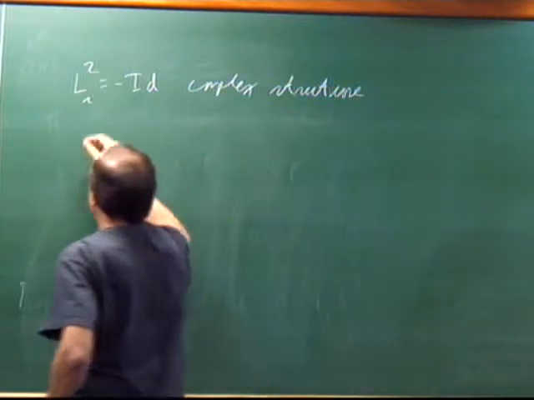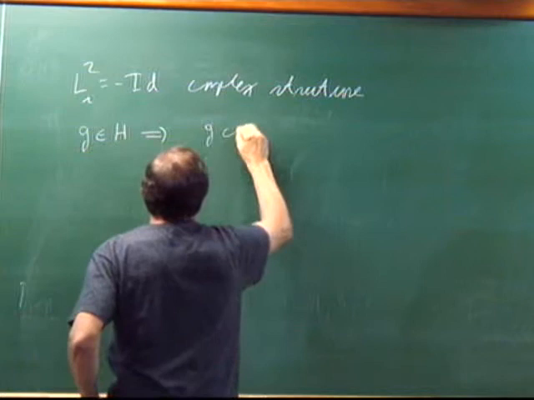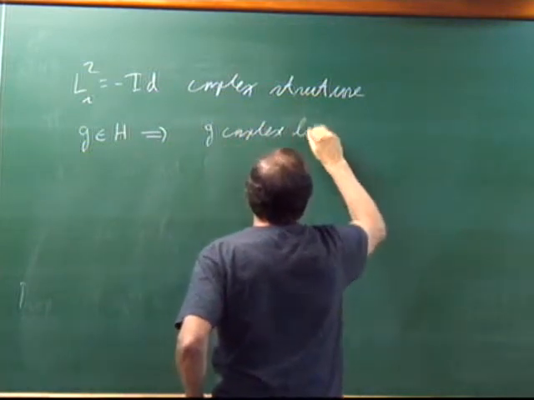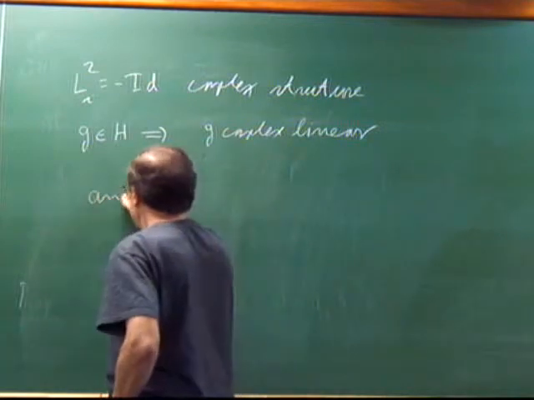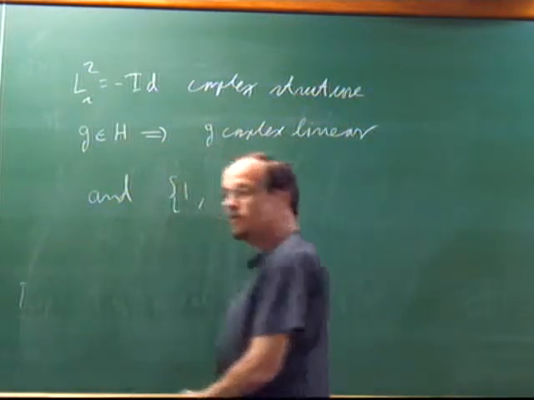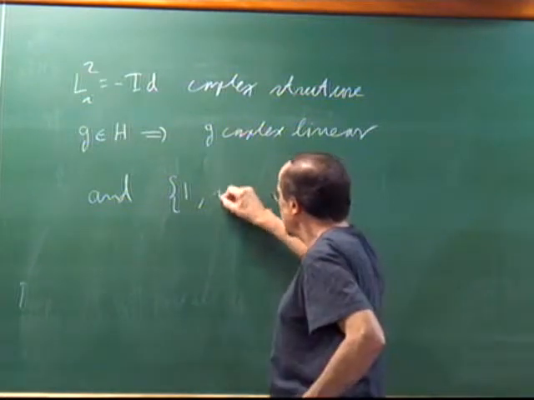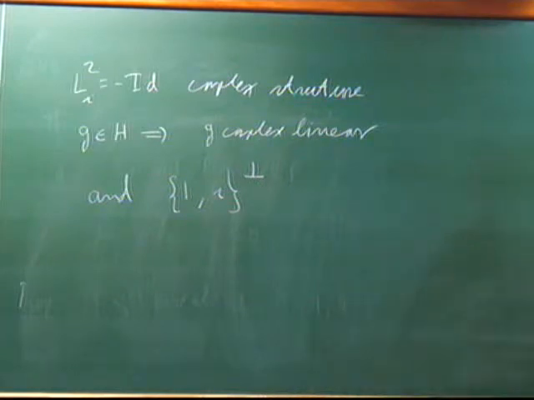And G lying in H implies G is complex linear. Another property it has is that it certainly takes 1 to 1, that's an automorphism, and takes I to I, because it fixes I, and therefore preserves the orthogonal complement.